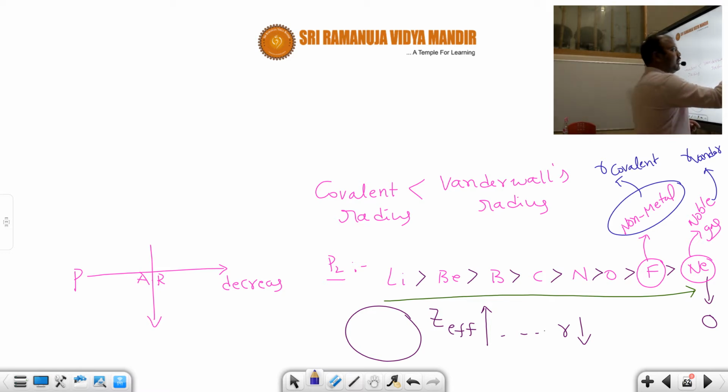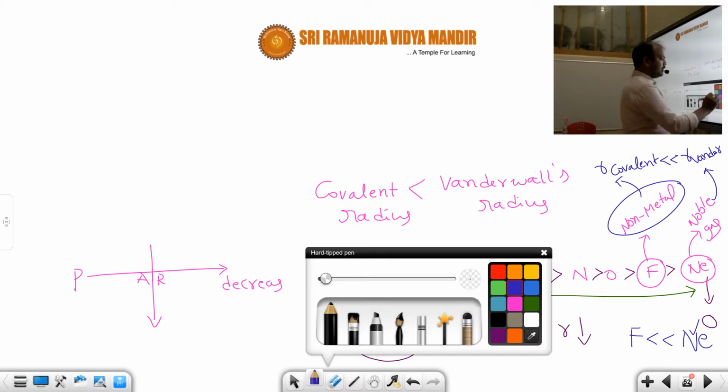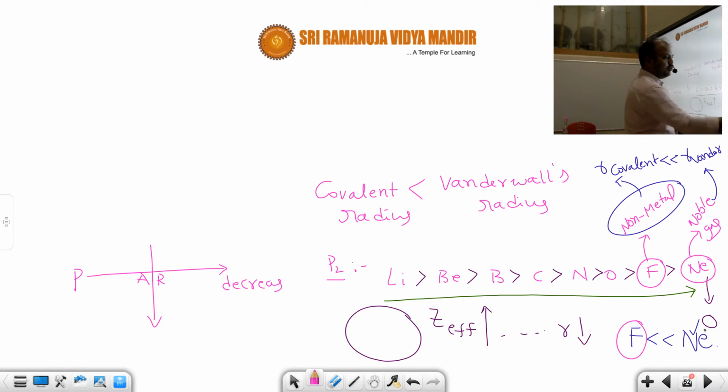Compared with covalent radius, van der Waals radius is the highest among all the radii. That's why, compared with fluorine, neon has the larger atomic size. We expected neon's atomic size to decrease, but experimental evidence shows noble gases have the highest atomic radius.